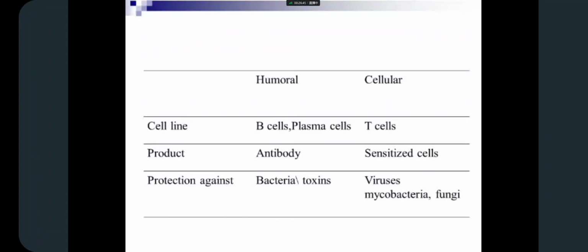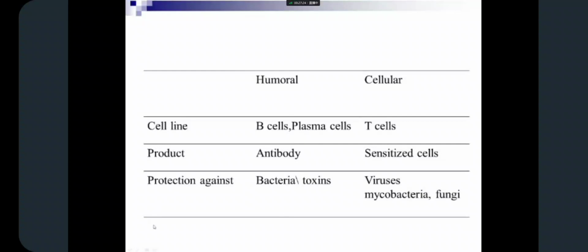The two immunity differ in cell line, product, and protection. Humoral immunity is mediated by antibody, but cellular immunity is mediated by sensitized cells.